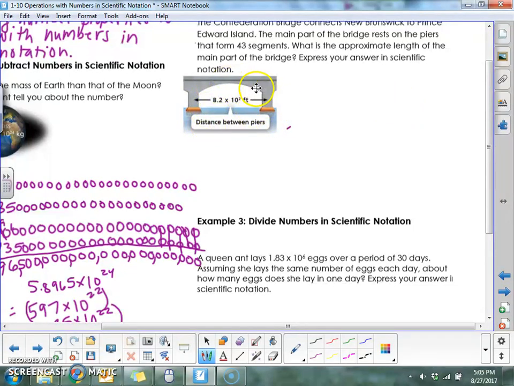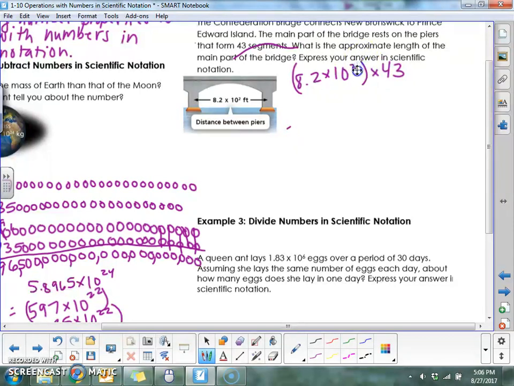So essentially we have these distances and we have 43 segments of them. I want to know how much the total distance is. So I'm going to be taking 8.2 times 10 to the 2nd power and multiplying that by 43. For this, you need to express both of them in scientific notation.